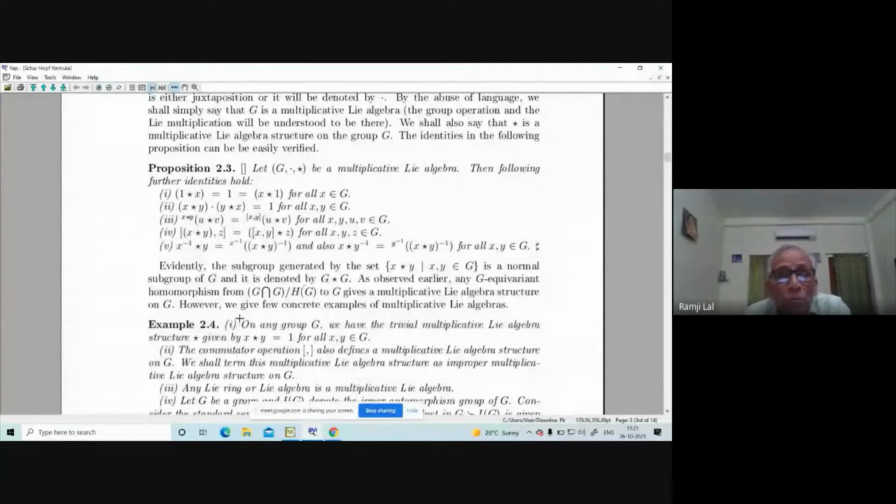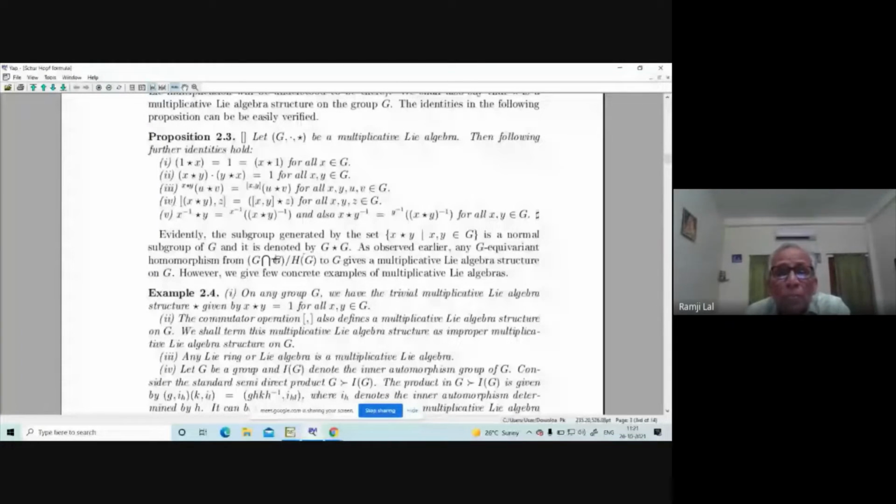If you want examples, you just look at the homomorphisms from G wedge G to G. So one can perhaps generate plenty of examples. If Sumit is in the audience, he may perhaps look into this and try to generate several examples, which is important for several other considerations. So this gives a multiplicative Lie algebra structure.